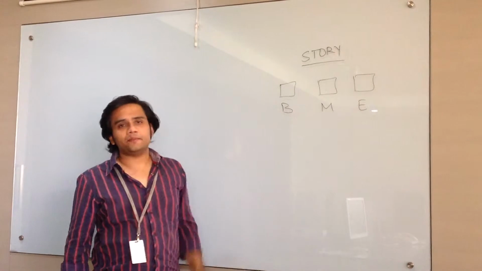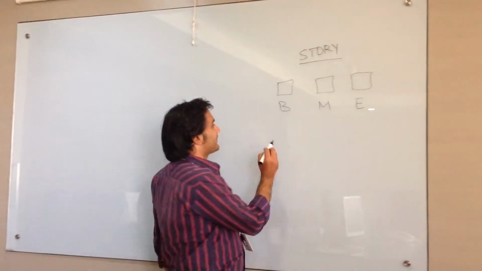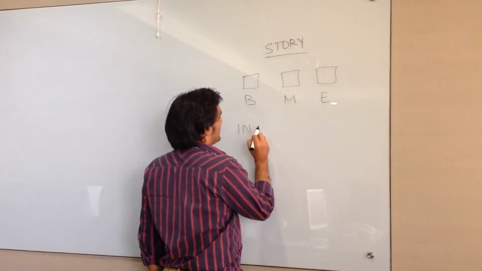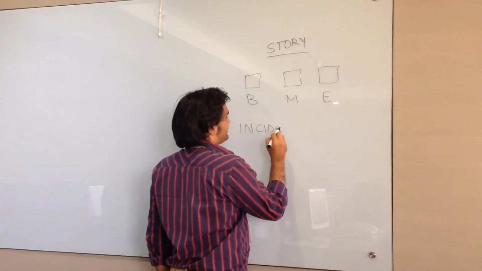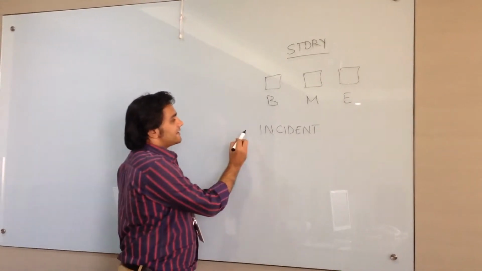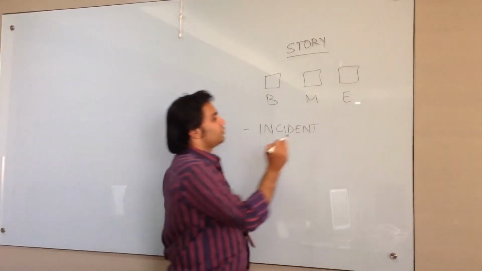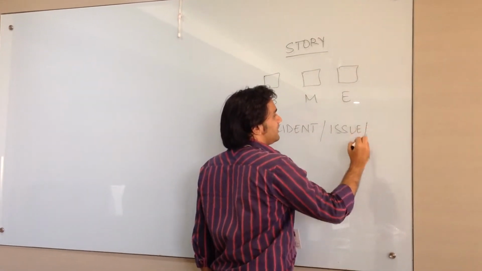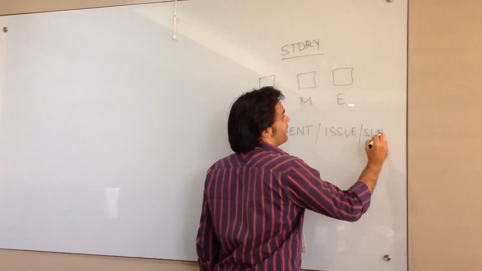We can say the same thing in a different way. A story always begins with an incident. The incident is usually also the issue or the main subject of the story.